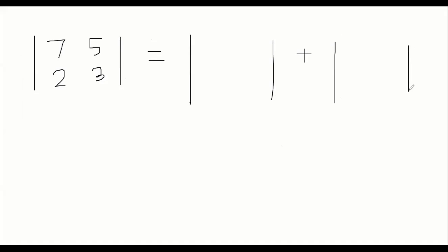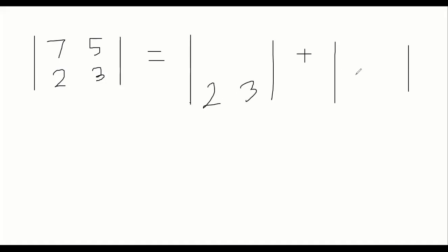Suppose I have the determinant 7, 5, 2, 3. So I can write this determinant as plus. It's very interesting. Let's see if it works or not. I am splitting only the first row. So here 2, 3, 2, 3 are the same in both determinants.